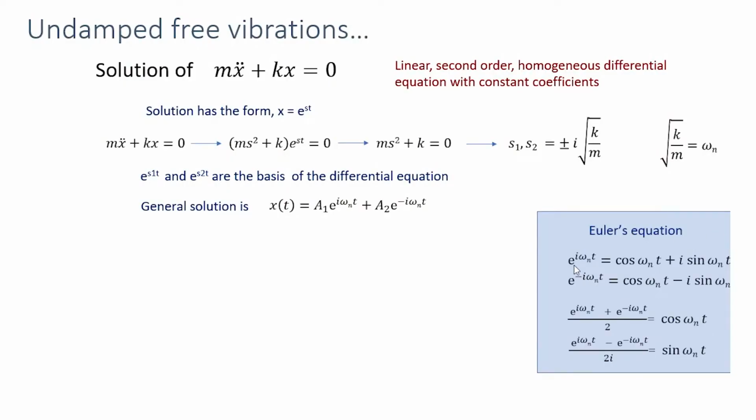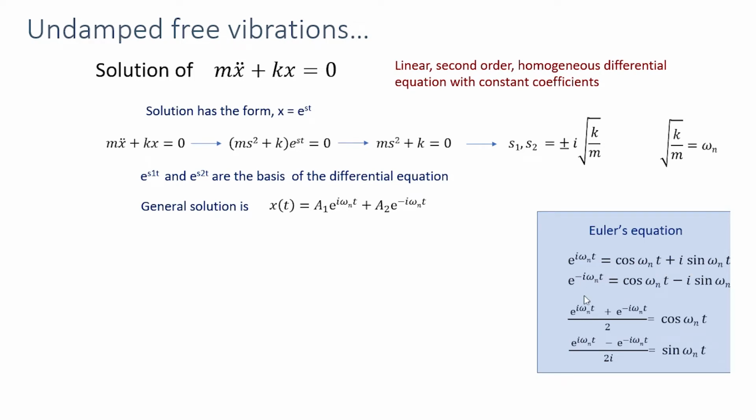Now we can rearrange this equation in terms of sine and cosine functions using Euler's equation. Euler's equation is e to the power i omega nt can be written as cos omega nt plus i sine omega nt.